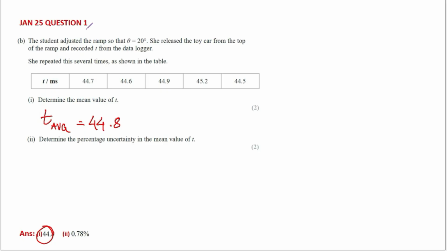When a data set is given, uncertainty is always max minus mean, divided by 2. So you look for the maximum value. The maximum value is 45.2, minus the mean value, which is 44.5.